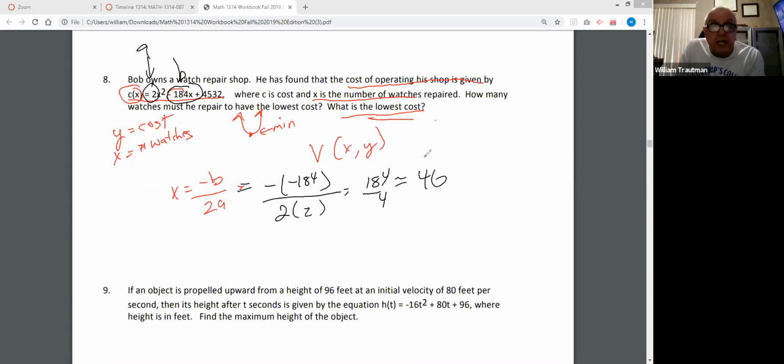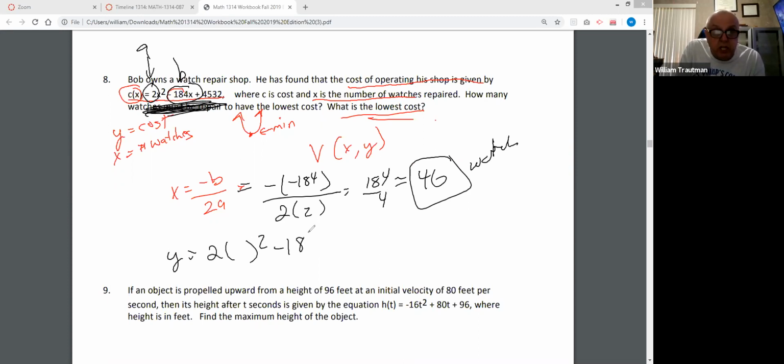So X is the number of watches repaired. 46 watches got repaired. And now we have to find Y, the cost. There's the function, 2x squared minus 184x plus 4532.